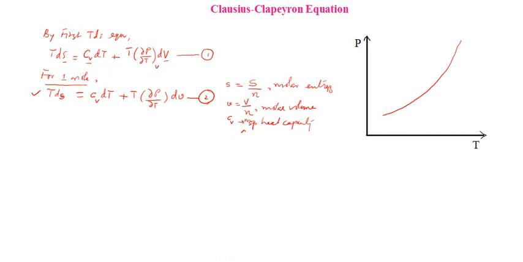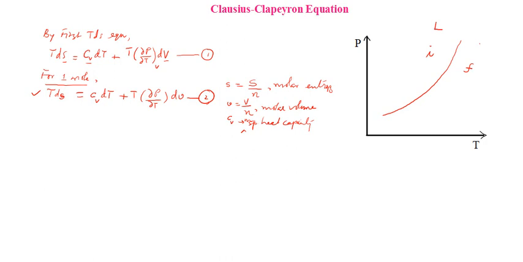Let this be one of the coexistence curves. On one side of the curve it will have one phase, the initial phase, and on the other side there is the final phase, a different phase. It can be the liquid phase here and the vapor phase here.